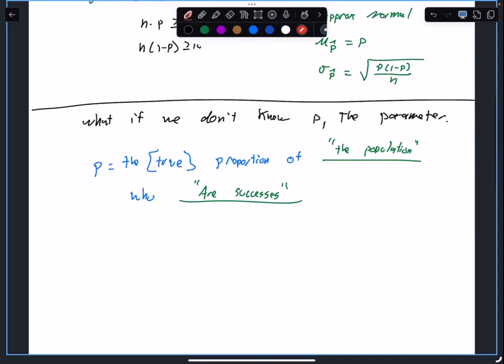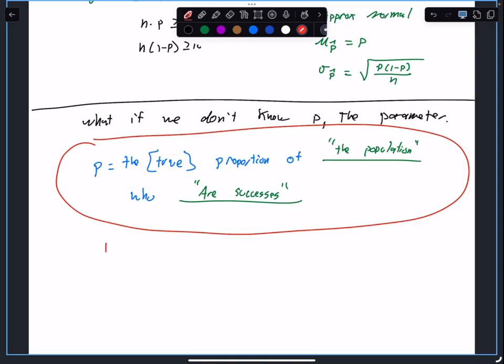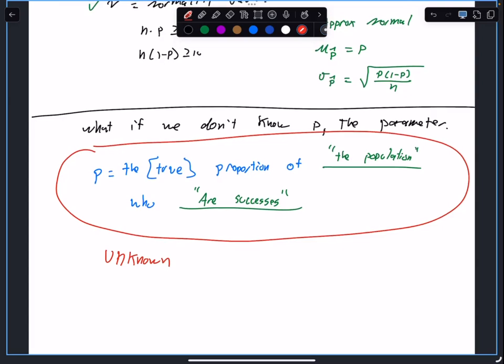We don't know this. This is unknown. We don't know P, the true proportion. We don't know the parameter.